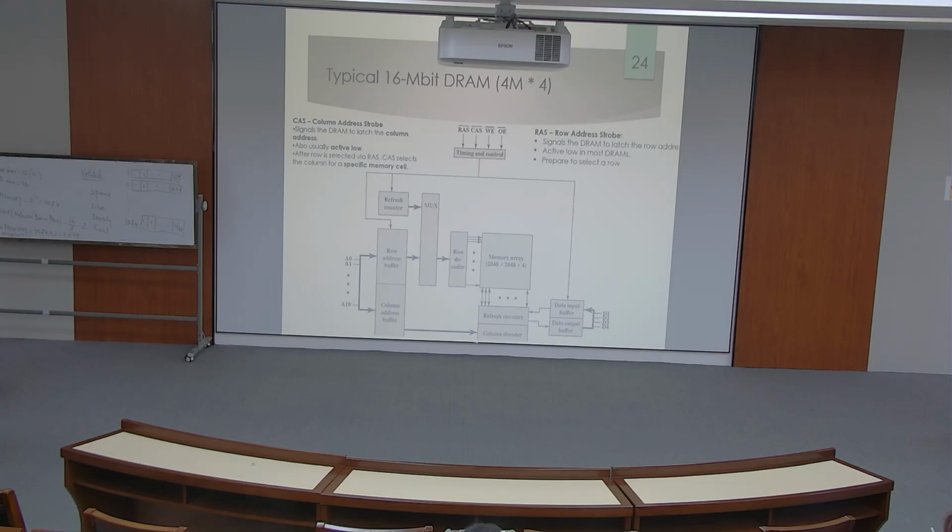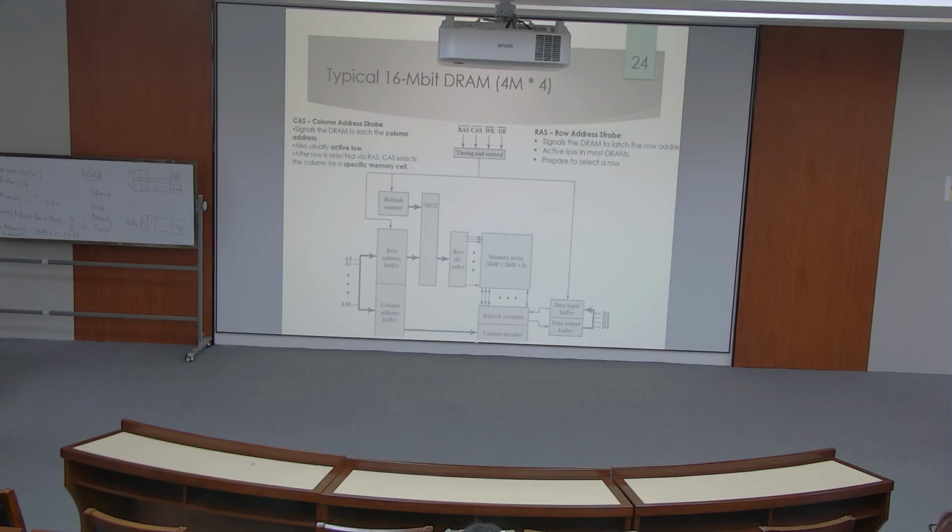On the screen, we have a typical 16 megabyte DRAM, which is 4M times 4. This diagram shows the internal organization of the DRAM chip. The memory size is 16 megabytes, arranged in 4 million words, and each word is 4 bits.